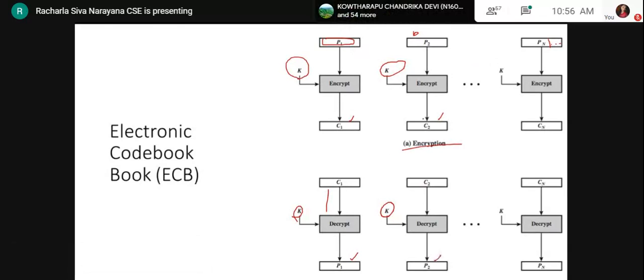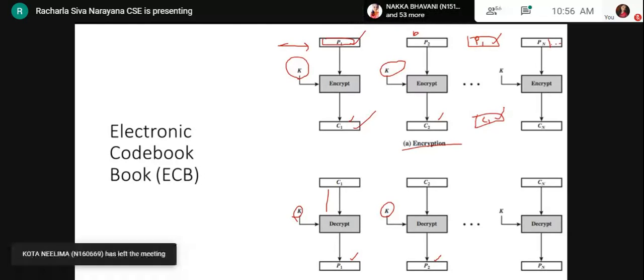So this is the simple technique, but the disadvantage is that if we have a long plain text, blocks may be repeated. Here 64 bits and here 64 bits may be the same, so we get the same ciphertext, and then the attacker can find the frequency of words in the data, may get the key, and may know the original information based on the repeated words.